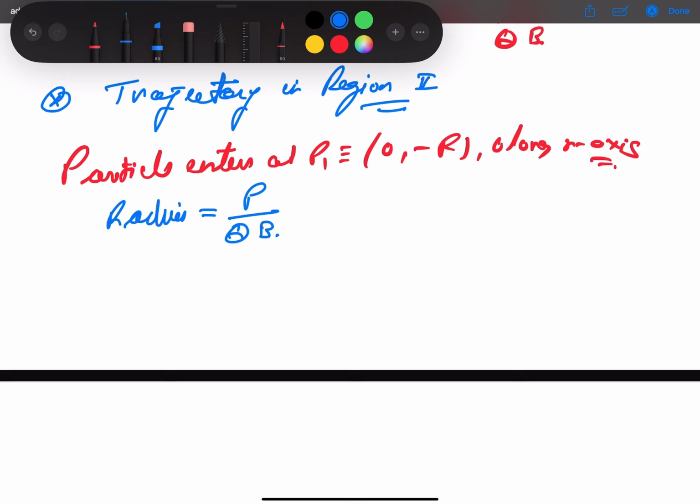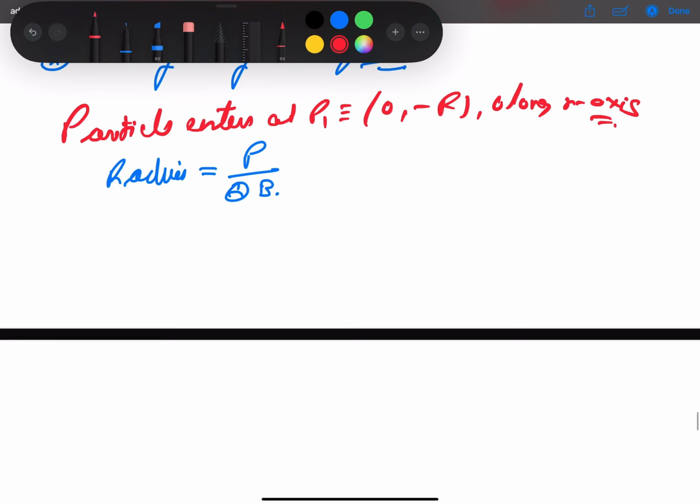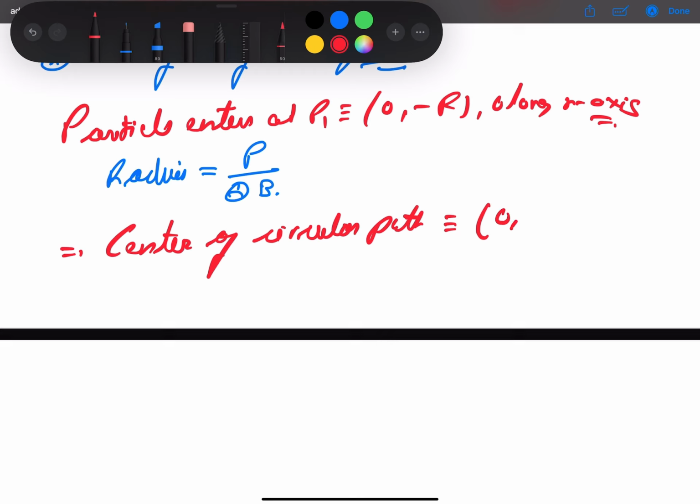So therefore we can say the center of the circular path will be at 0, minus r plus r.